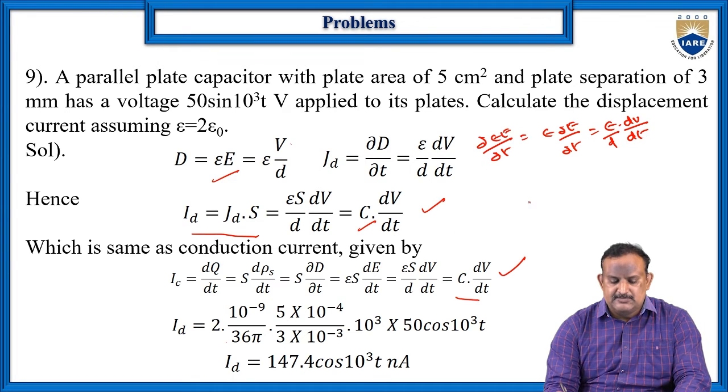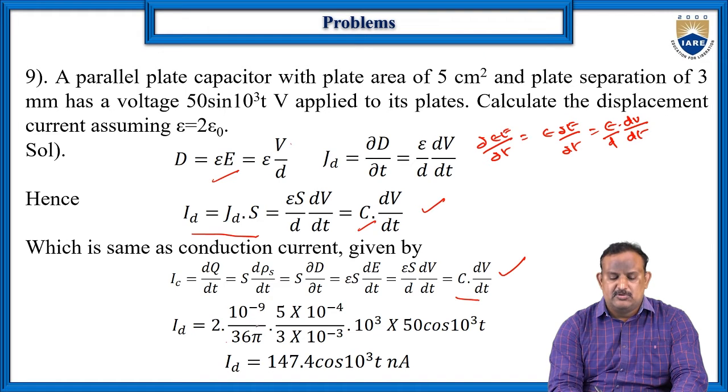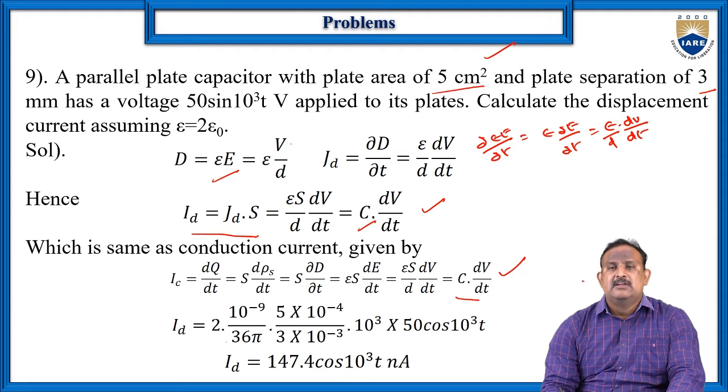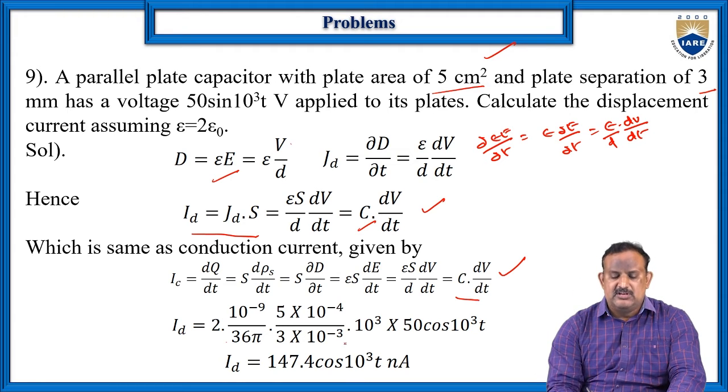Epsilon is given as 2 epsilon naught. Therefore, 2 into epsilon naught, whose value is 10 power minus 9 by 36 pi, into S, the surface area, which is given as 5 centimeter square, so it is 5 into 10 power minus 4 meters square, divided by d, the separation, which is 3 millimeters. If we convert into meters, it is 3 into 10 power minus 3.